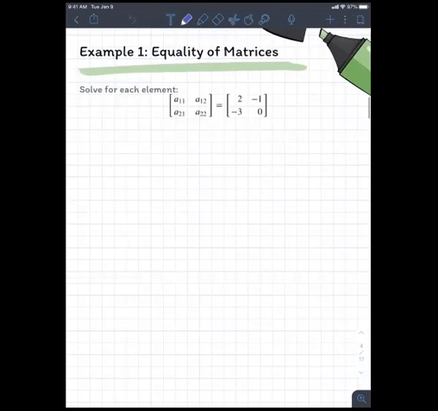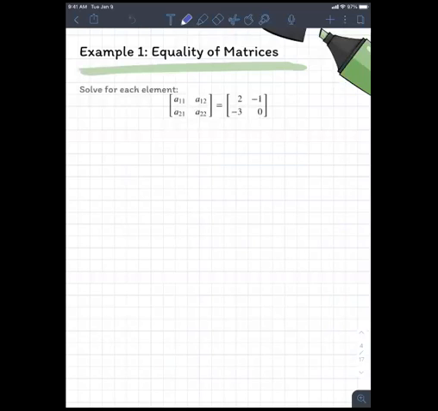Okay, so using that property, for example, when we want to solve for each element, I'll give you some time to write it down actually, because I don't want to rush you after I already made you panic for 10 minutes. So if I asked you, what is element A11, would you be able to answer that question?